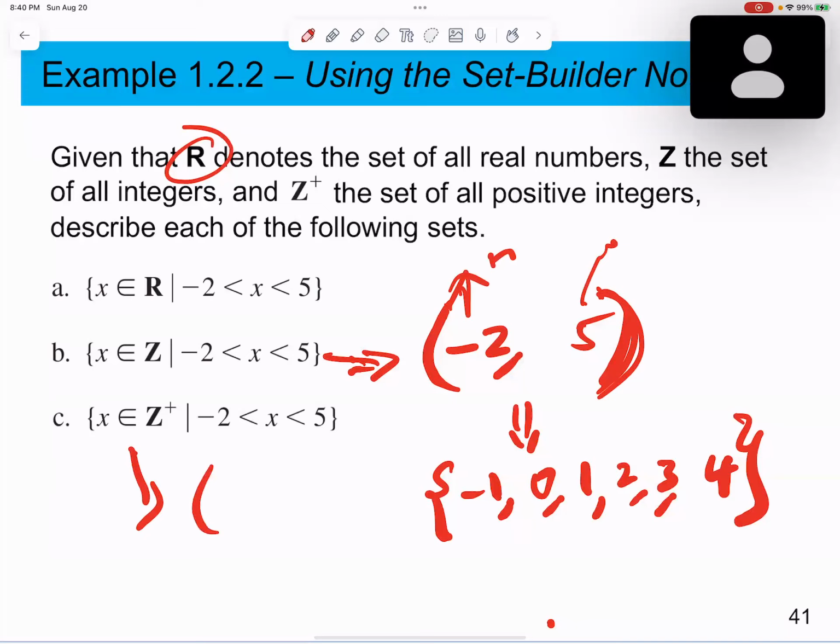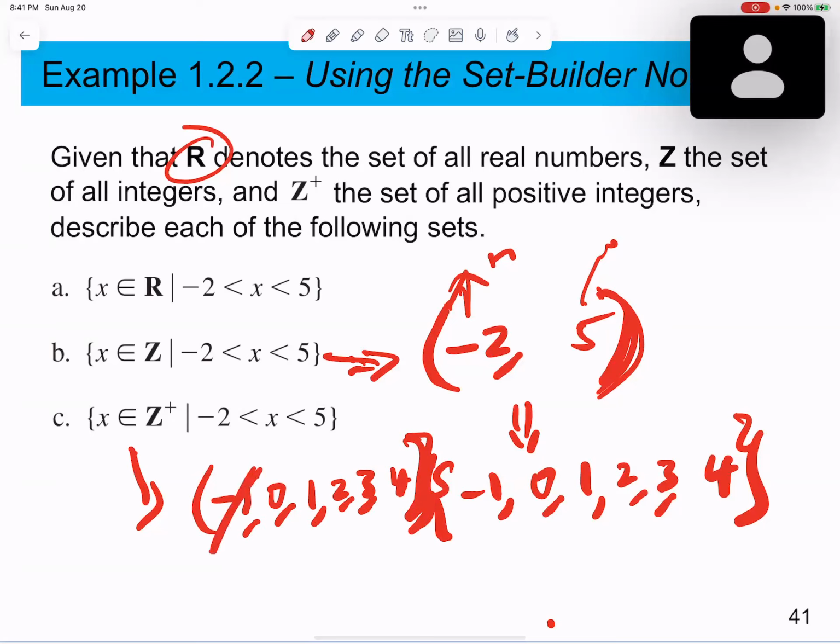Again, the second one here should be straightforward, right? This is also an open interval because there is nothing like less than or equals here. So that is a very strict open interval. And this will never contain -2. So you have to start to the right of -2, which is -1, 0, 1, 2, 3, 4.